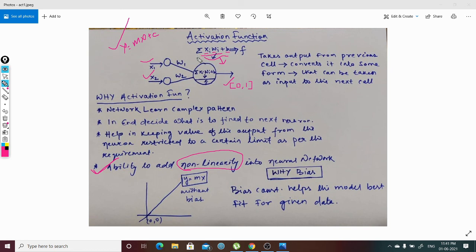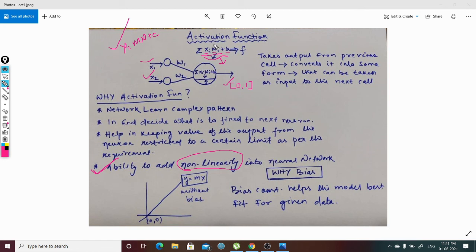So if the data is more critical and more non-linear, and we just pass the linear values, the model will not learn properly, right? We need to understand the non-linear relationship within the data set.